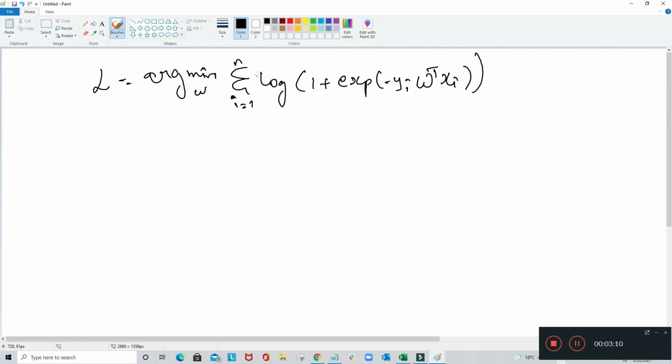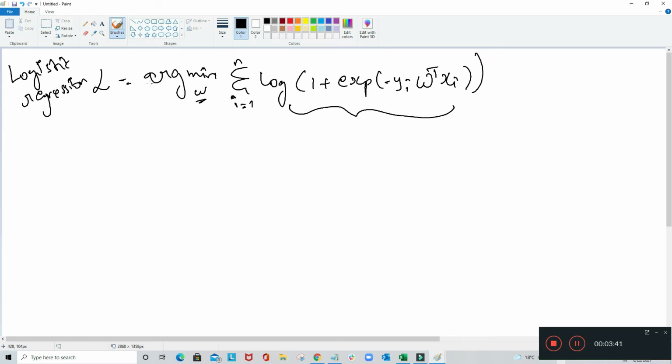So this is the objective function, or the loss function, for logistic regression. What it essentially states is we have to find an optimal value for w which can minimize the sum of losses for logistic regression.